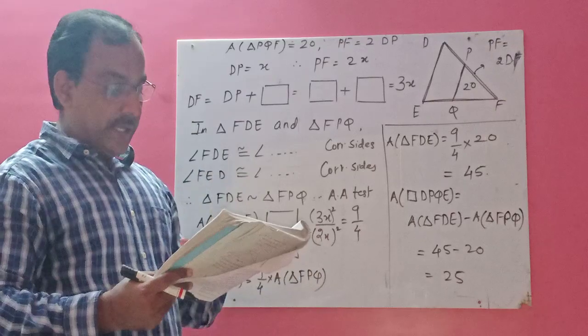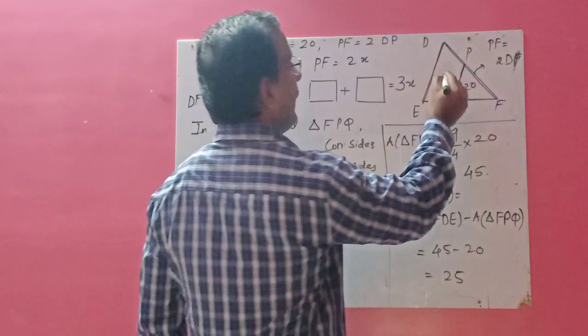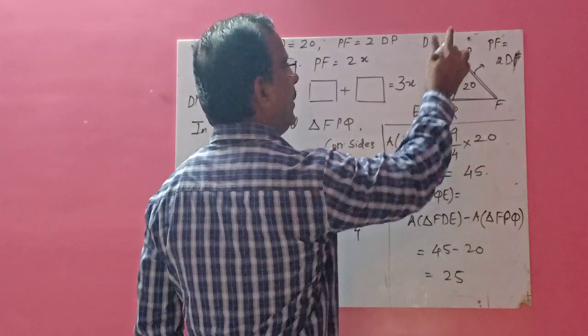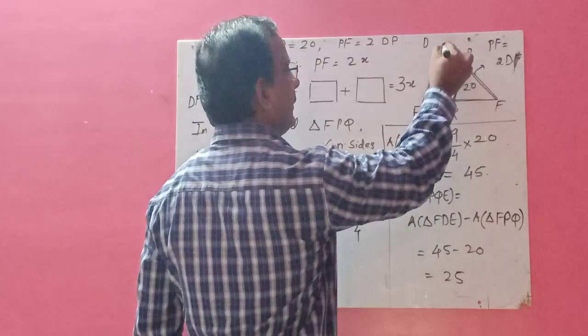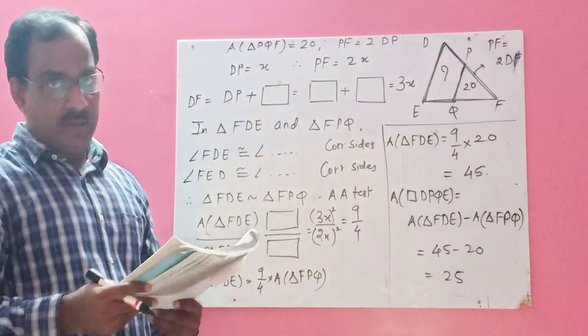Then find out the area of quadrilateral DPQE. What is the area of this quadrilateral? DPQE. What is the area of this? Okay? By completing the following activity.